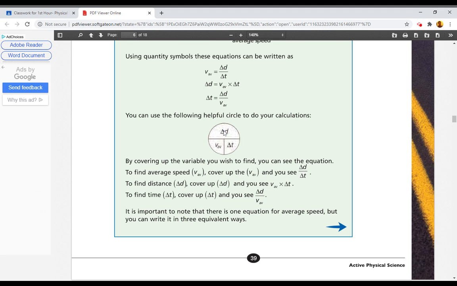Okay, what's distance? Distance is speed multiplied by time. By covering up the variable you wish to find, you can see the equation. Okay, we just talked about all this. It is important to note that there is one equation for average speed, but you can write it in 3 equivalent ways.